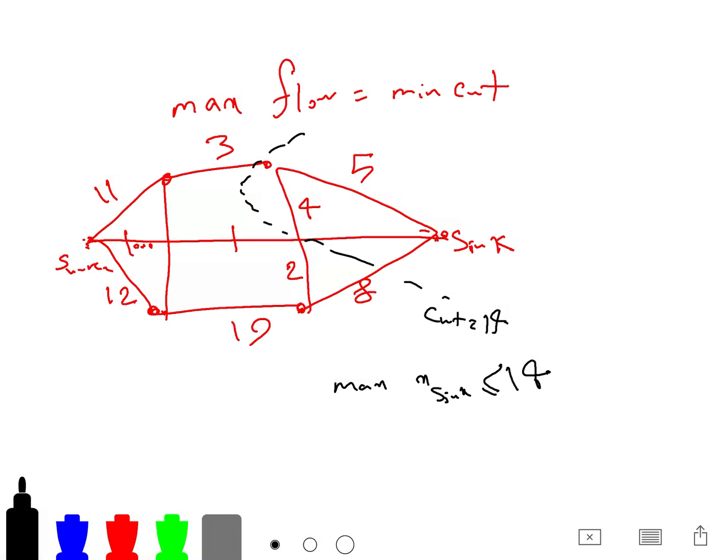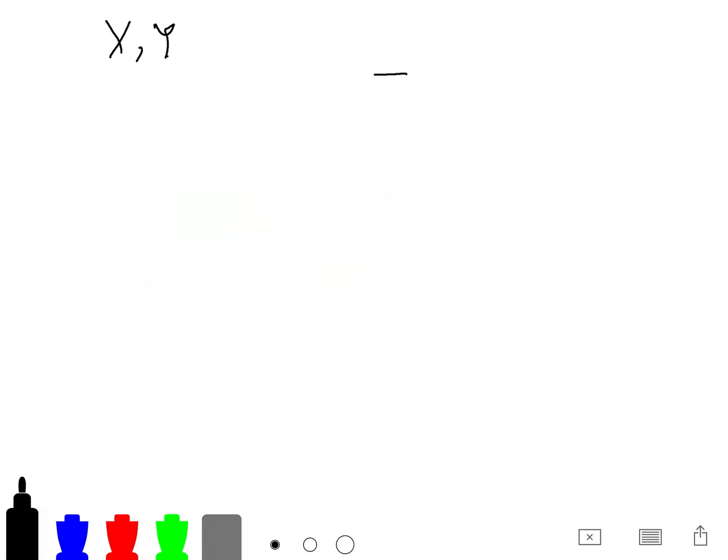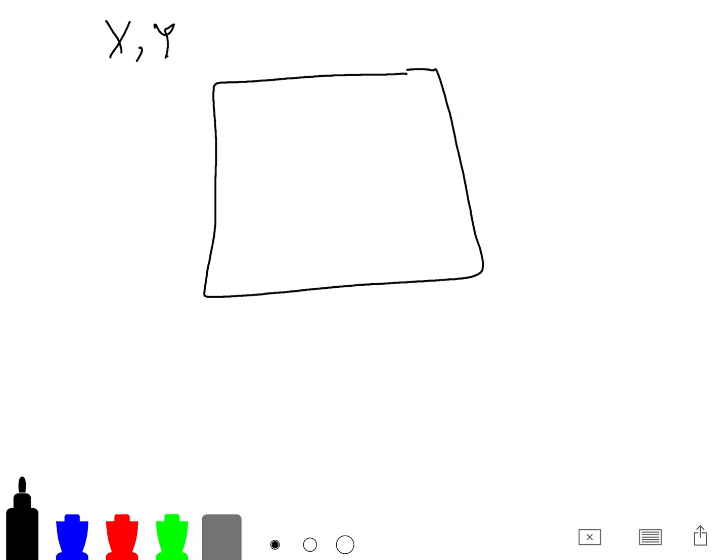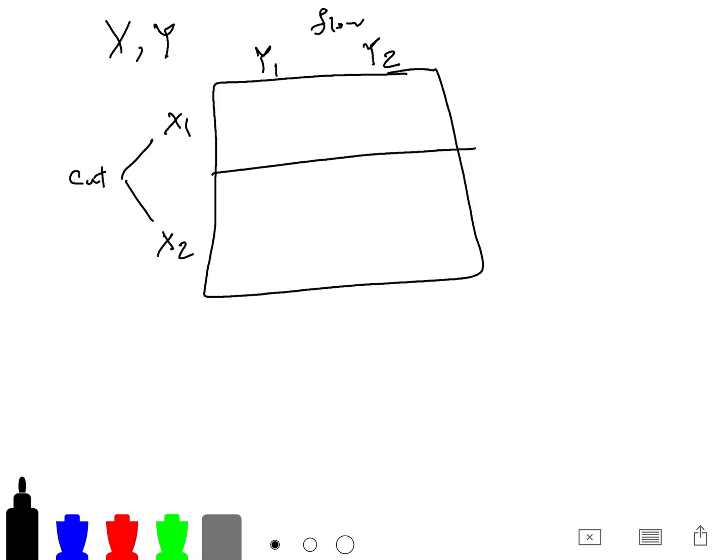So what is a two-person game? As I said, we have two persons, X and Y. So flow player, Y1 does strategy 1. And if he plays strategy 2, it is Y2. Same thing for the X player. If he plays strategy X1, or he could play strategy X2. And by the way, X is the cut player, and Y is the flow player.